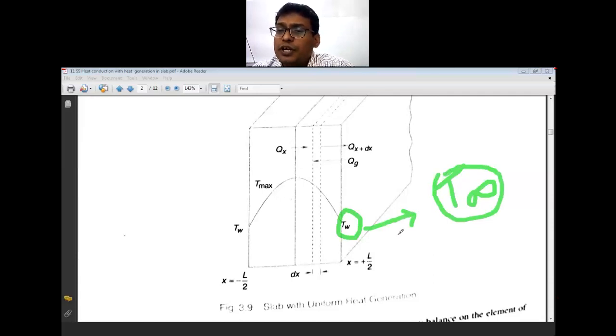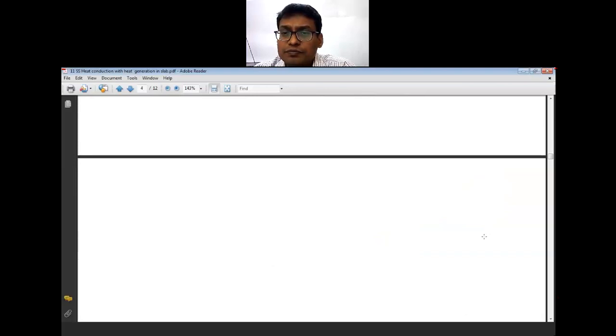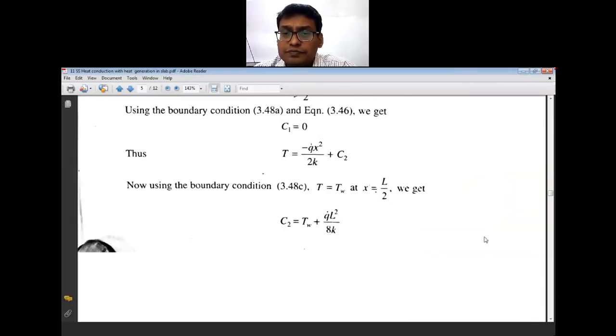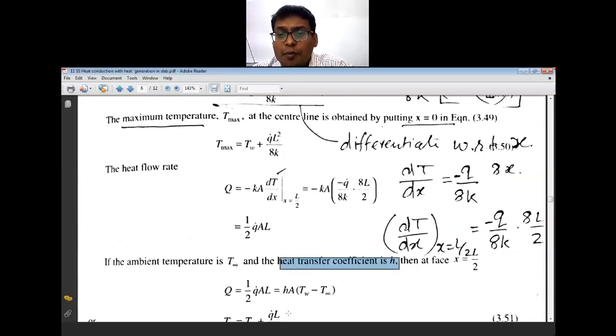So there is a convective heat transfer coefficient that will be there. So Q is equal to hA delta T, and the temperature difference will be TW minus T infinity. This is the convective film. So the amount of heat transfer by conduction will be equal to the heat transfer by convection to the surrounding.